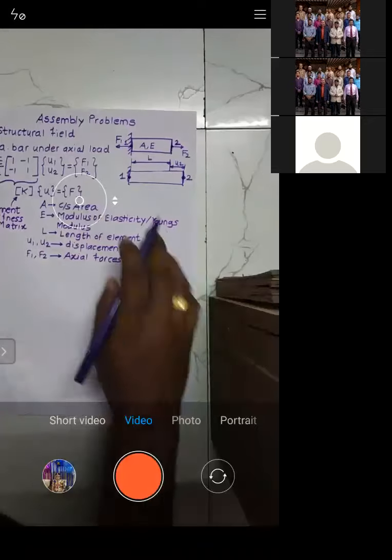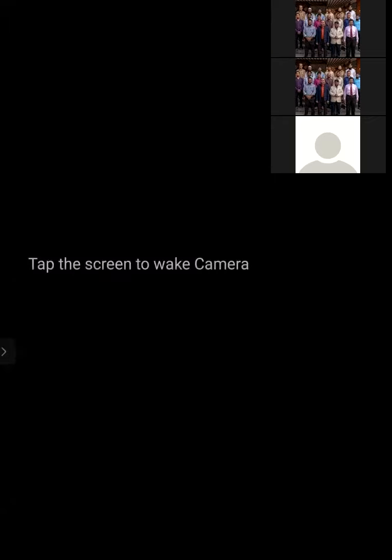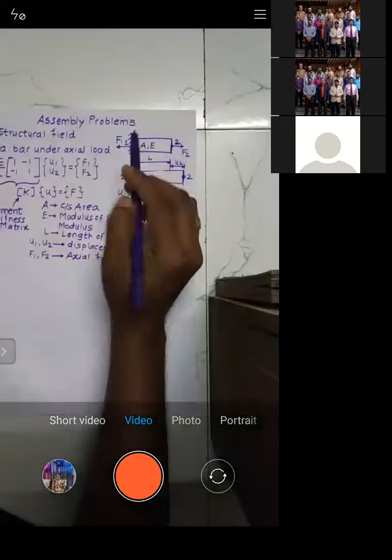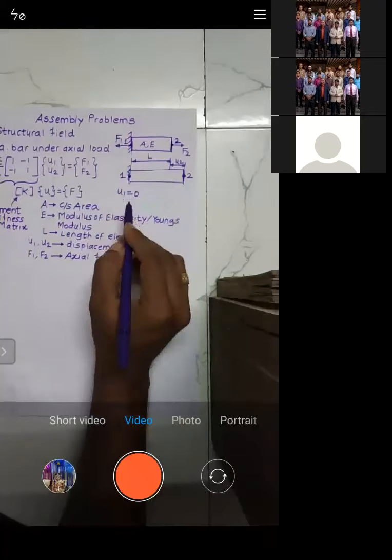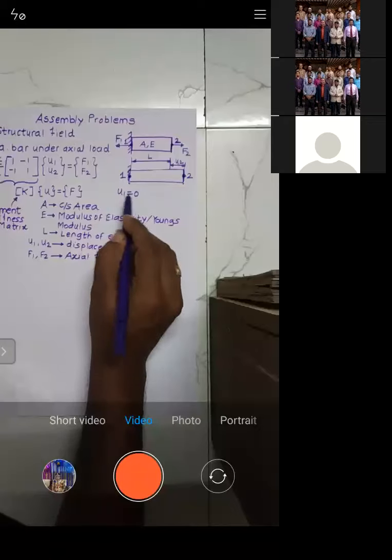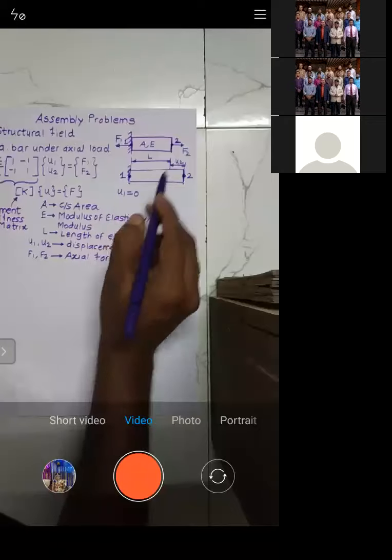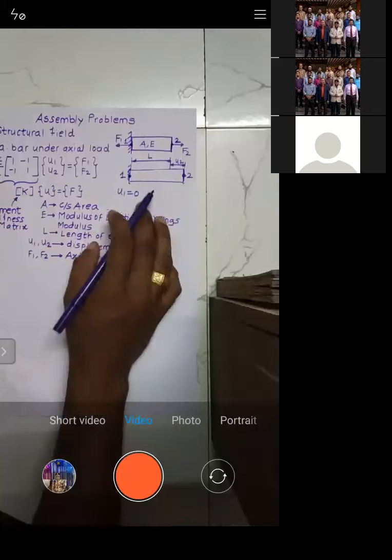But what is the value of displacement at node 1? It is 0, right? Just see whether point 1 has moved anywhere. No. So point 1 is at the same location, so there is no displacement at point number 1. That's why displacement at point number 1 is 0. What is the displacement at node 2? It is U2, right?